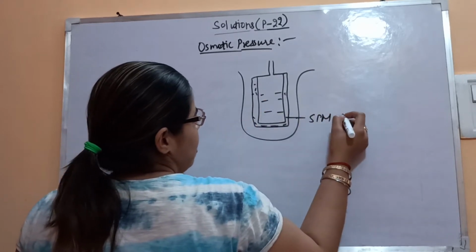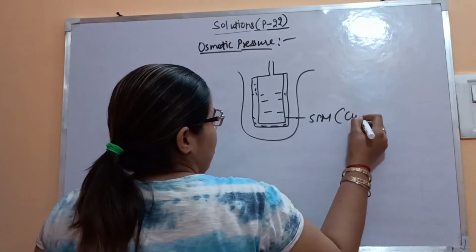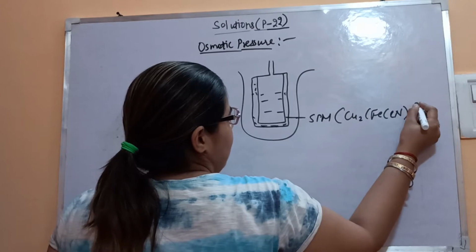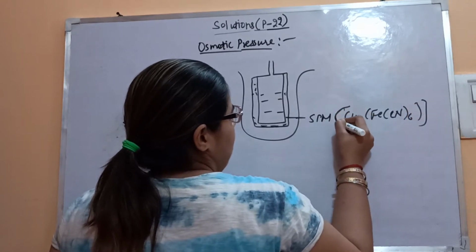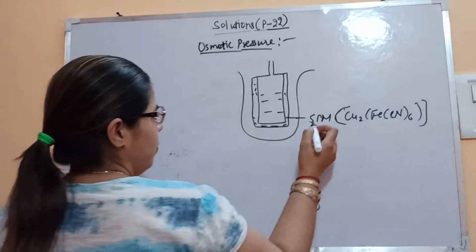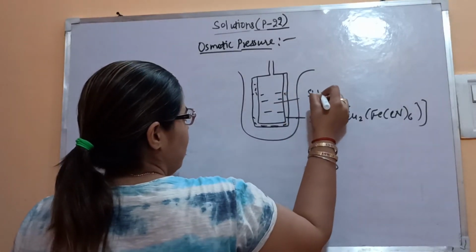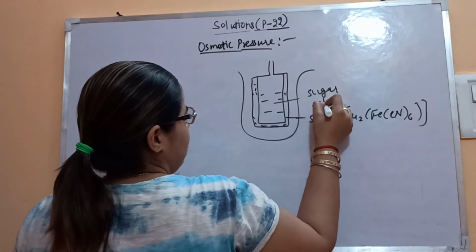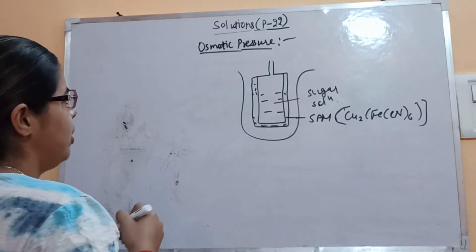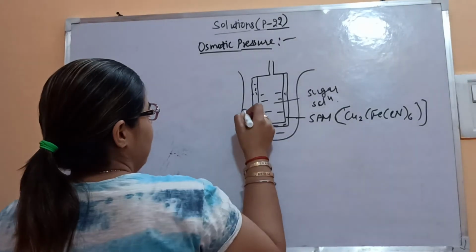Here we have taken the SPM of copper ferrocyanate, and this is the sugar solution that we have taken. Fine, so this is the arrangement, and here the water is present.